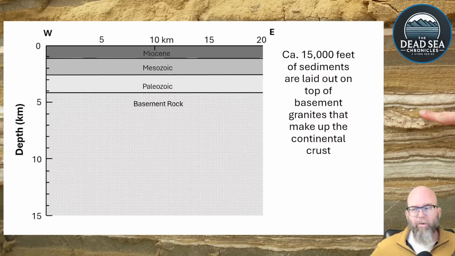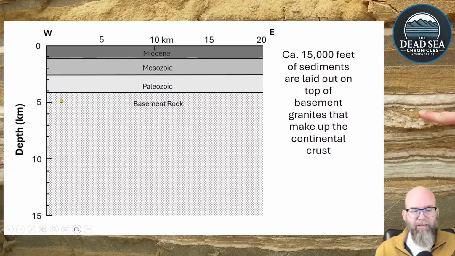So if we go way back in time, from a conventional dating perspective, this would be some 20 to 25 million years ago. You had this area, which is the Palestine area, the Levant region.